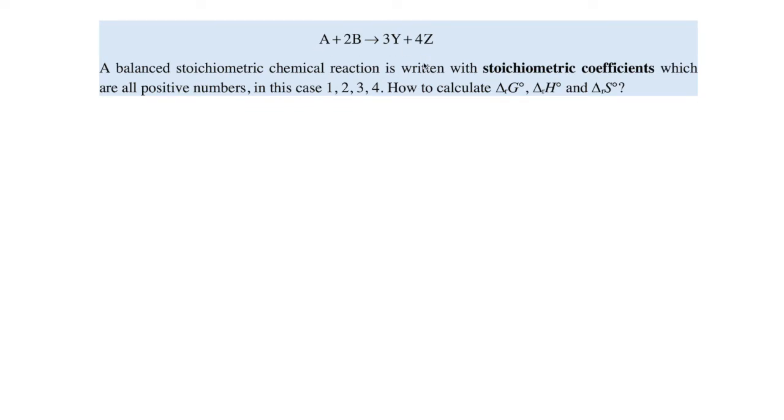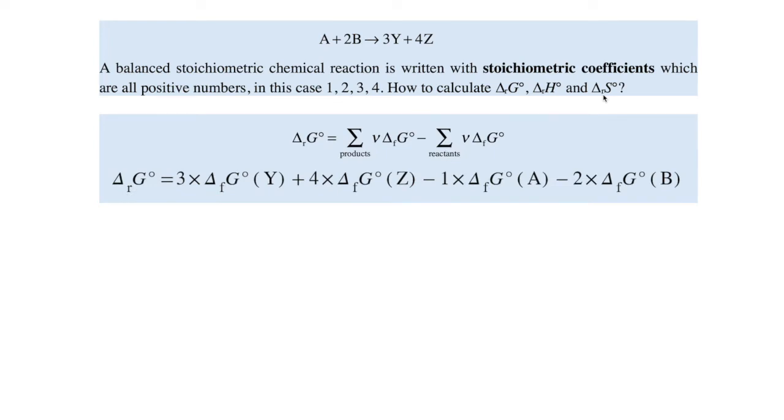Now, how do we use a balanced chemical reaction to help us calculate delta G, delta H, and delta S for that reaction? We're going to do a sum that includes these delta G of formation values. And the way we do this is we're going to take a delta G of formation for each product.